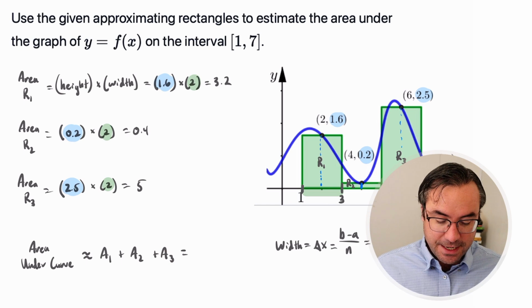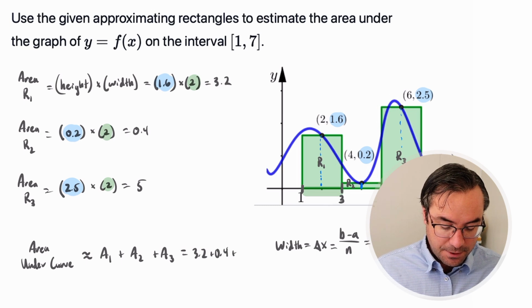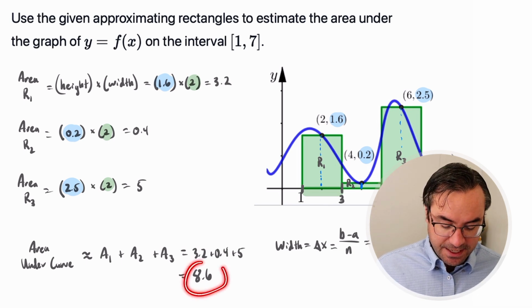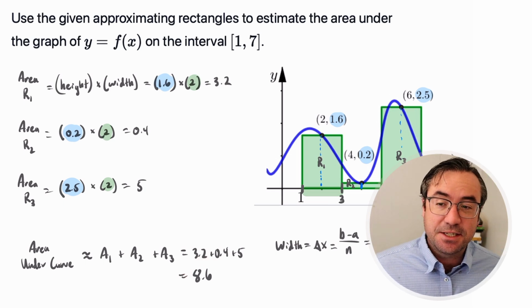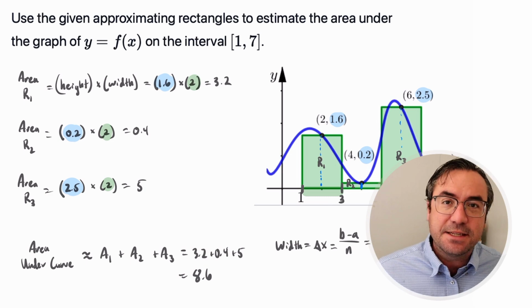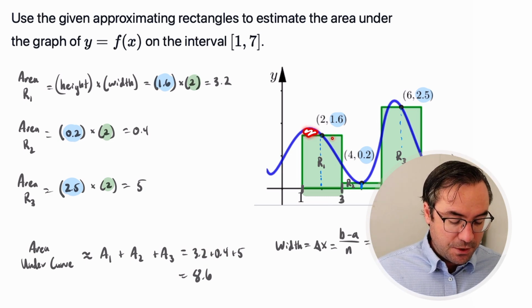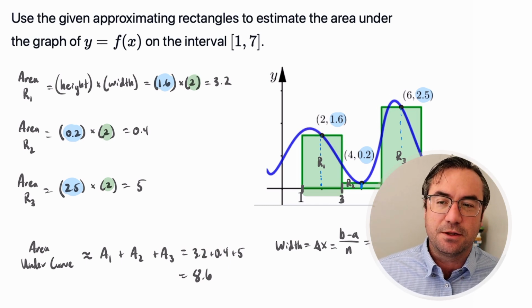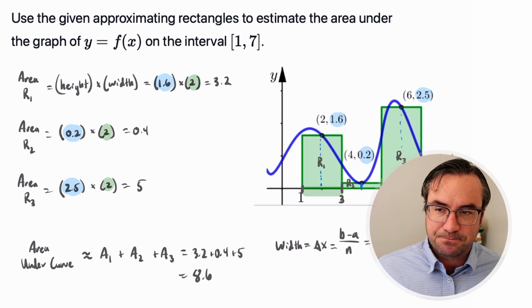If we add those together, we get 3.2 plus 0.4 plus 5, which is 8.6. So this 8.6 is giving us an estimate for the total area under the graph. But again, it's an estimate. There are pieces where we're doing too much and other parts where we're doing too little. So it is just an estimate.